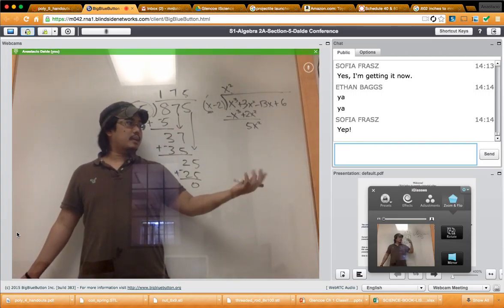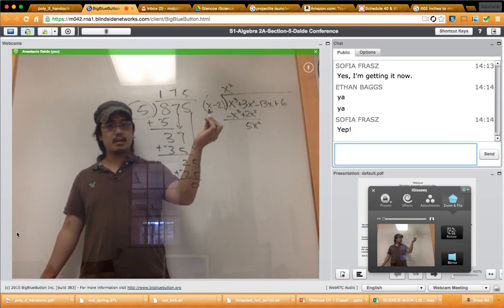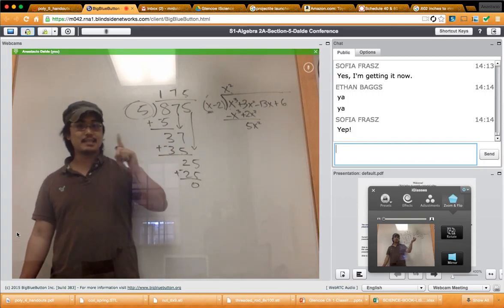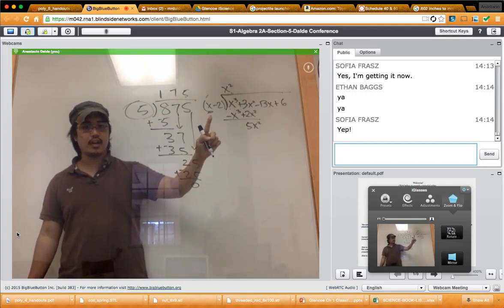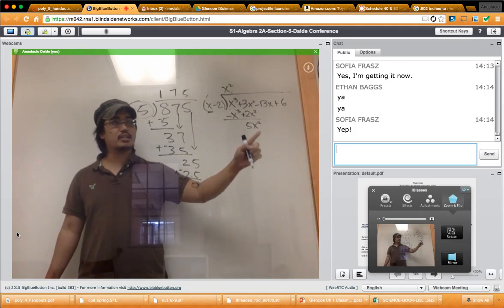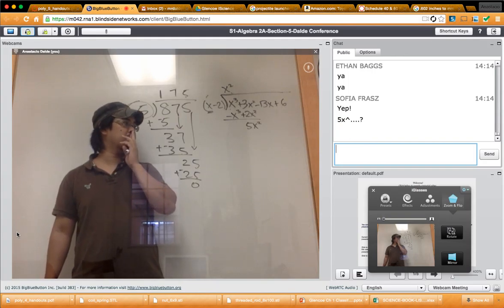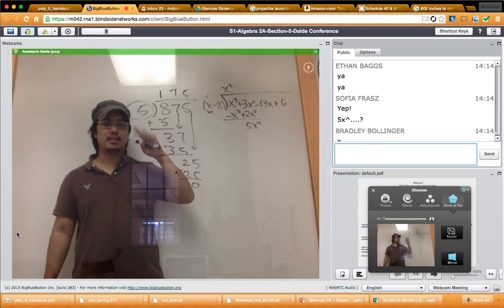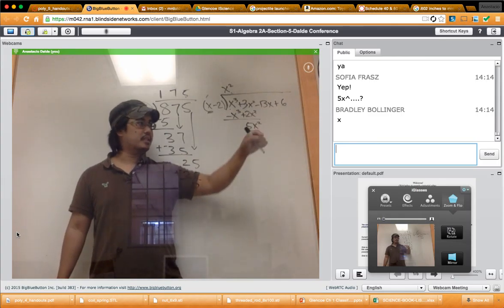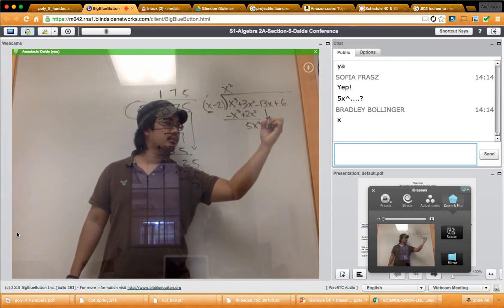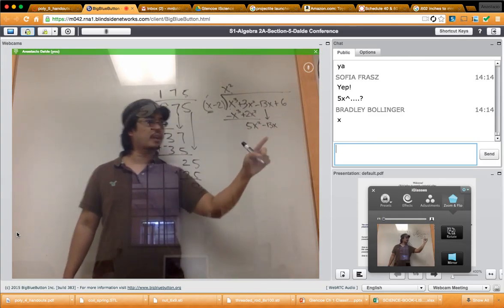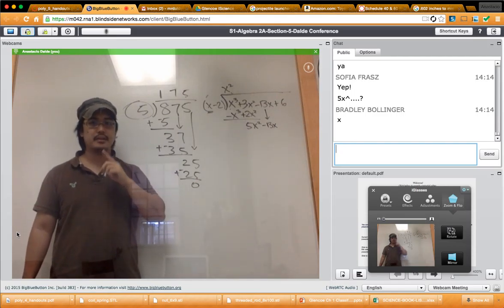Let's play the same game. What do I have to multiply x by, which is that number I double underlined, in order to get 5x squared? Oh, I'm sorry. I forgot to drop this thing down. So I'm going to bring down negative 13x. But you don't have to really worry about that just yet.